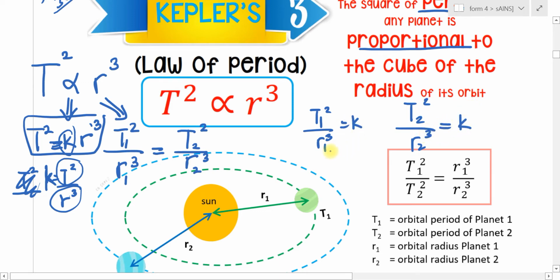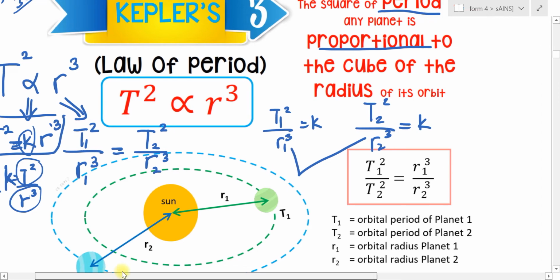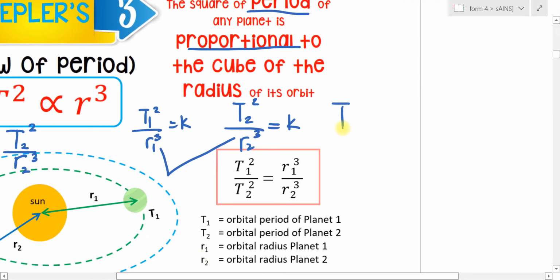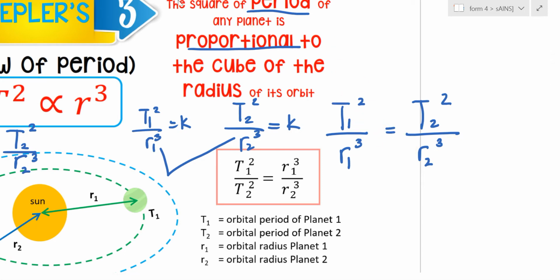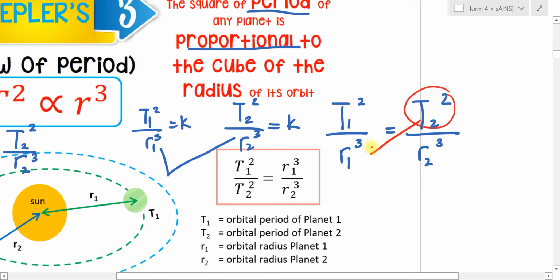So we combine these equations. It comes to this equation first: T1 squared over R1 cubed equals T2 squared over R2 cubed. Then we arrange it. For example, you can do it like this. You can make this come here.